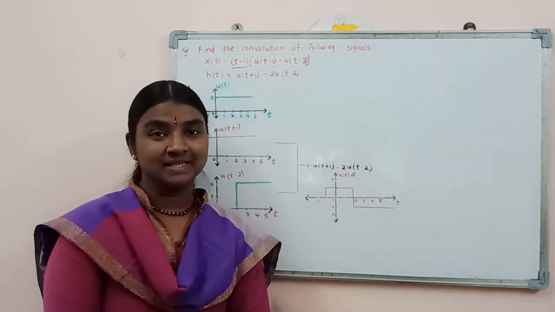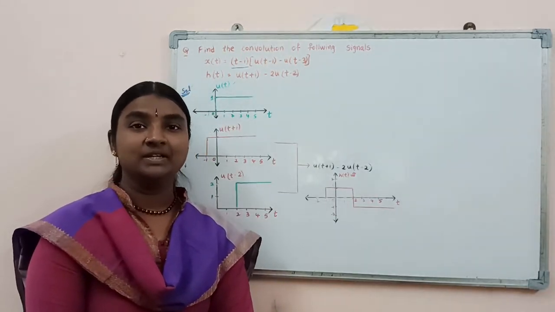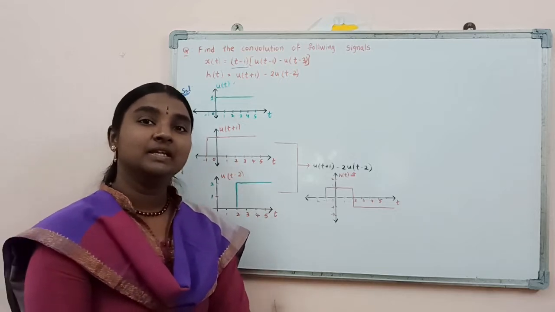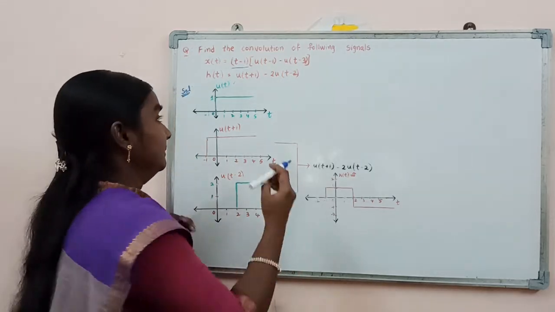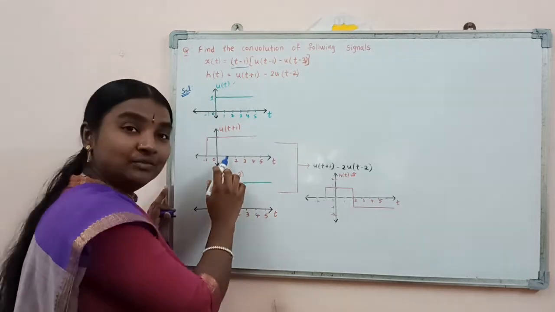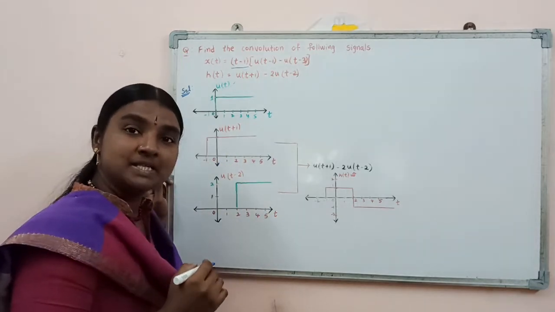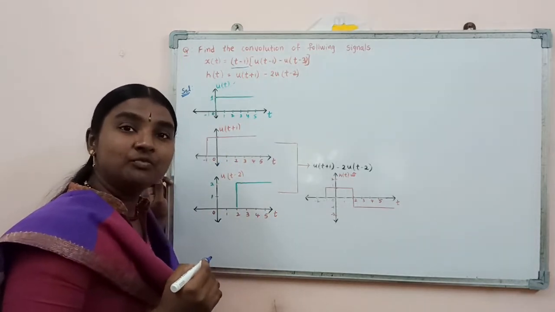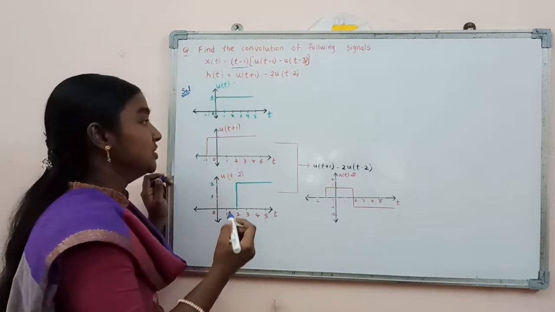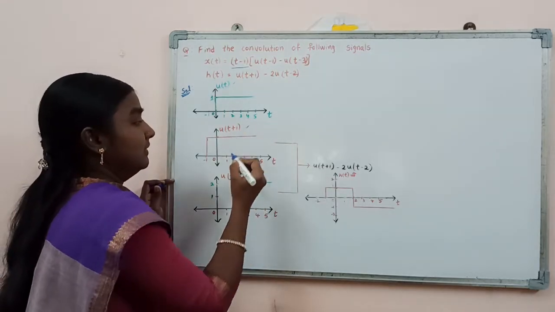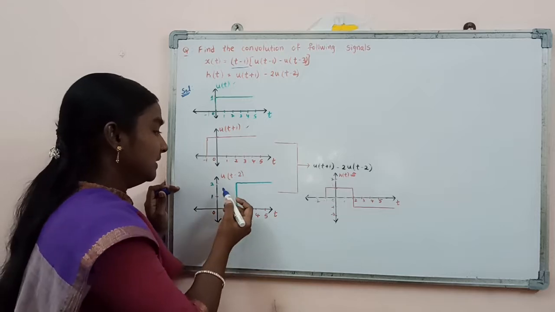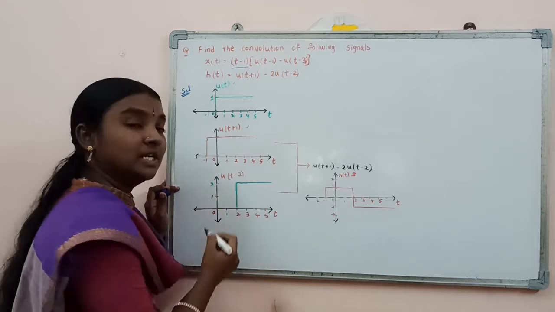Now we will draw the signal h of t. For that also, I am considering the unit step signal u of t, and by doing the advance operation on this basic step signal, we are going to find u of t plus 1. So that signal can be like this, and here we are going to find u of t minus 2.